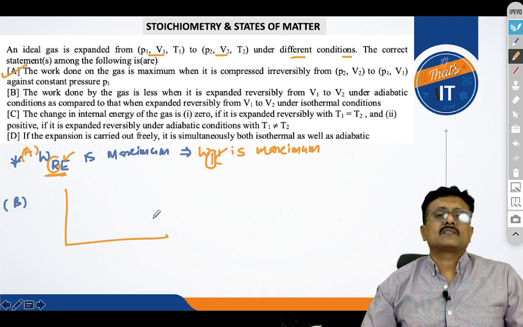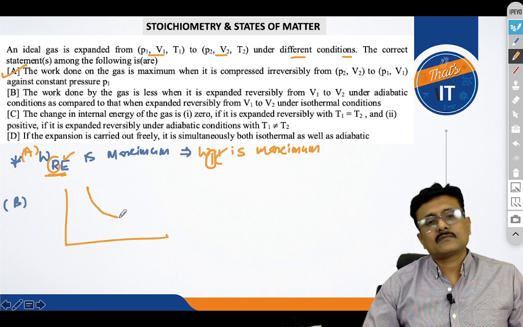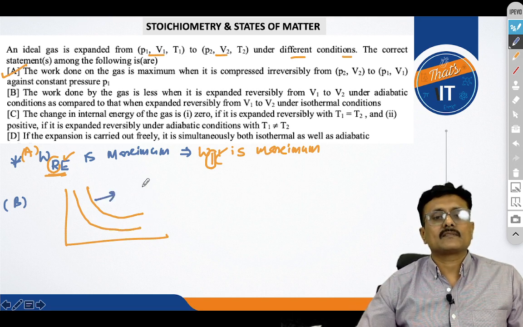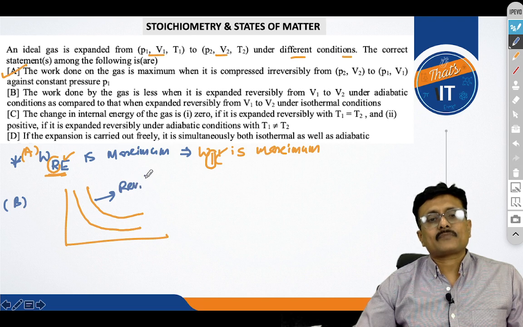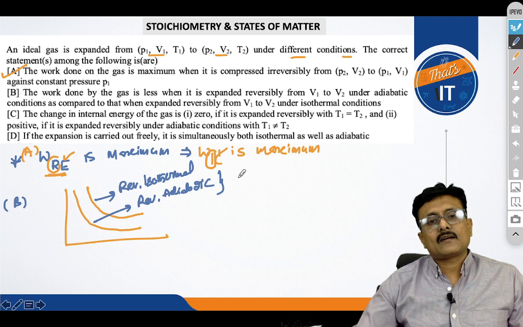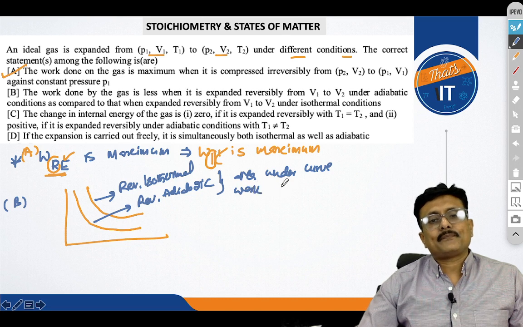You have studied that for the work done we usually use the Boyle curves. These are the two curves which are related: one is the reversible isothermal process and this is the reversible adiabatic process, and the area under the curve is actually the work done.